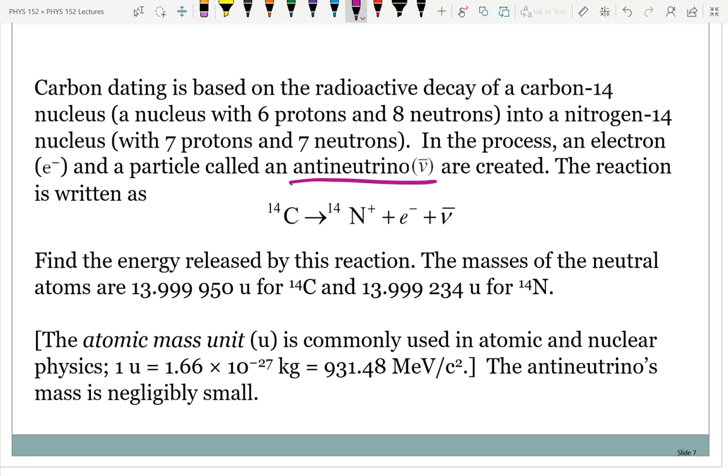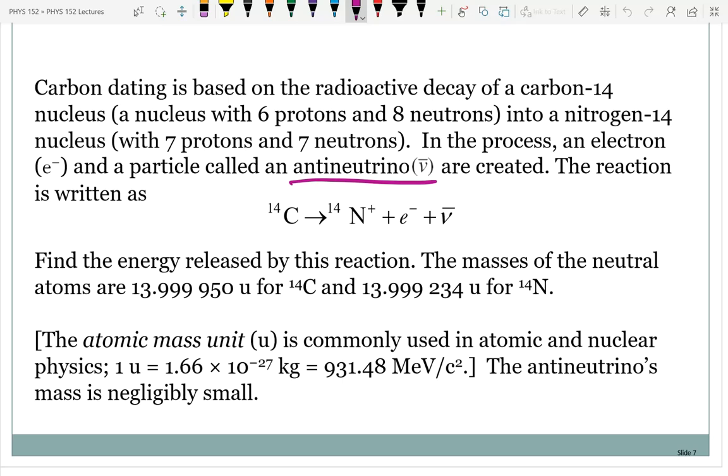That carbon-14 has 6 protons and 8 neutrons in the nucleus. If it's neutral, how many electrons are orbiting the nucleus? 6 electrons. So the carbon-14 atom has 6 electrons, 6 protons, 8 neutrons.